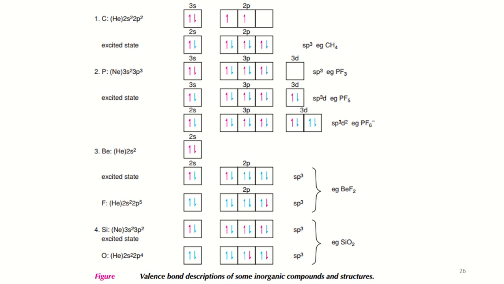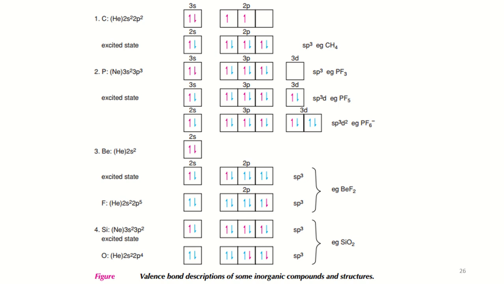An additional complication with phosphorus is that the second 3d orbital is potentially able to accept an electron pair from negatively charged ligands such as F-, fluoride, forming an octahedral complex such as PF6-, in which the sp3d2 hybridization scheme gives 6 equal hybrid orbitals and an octahedral shape.